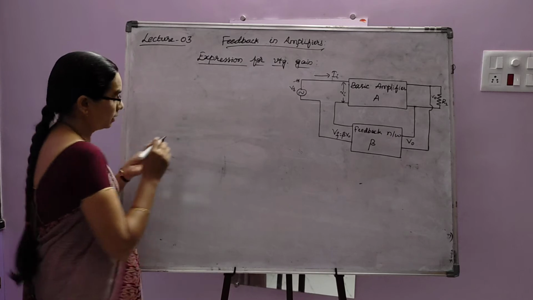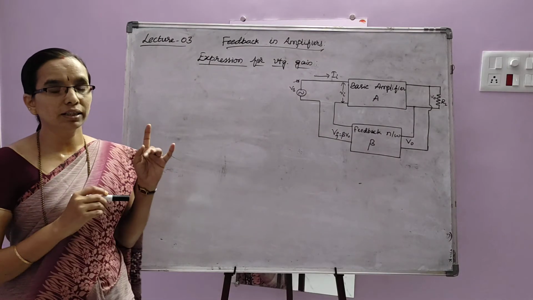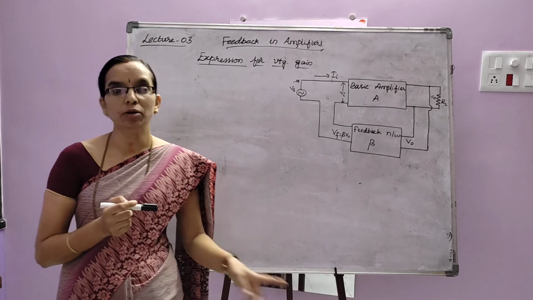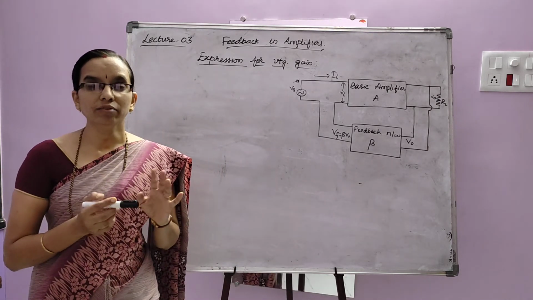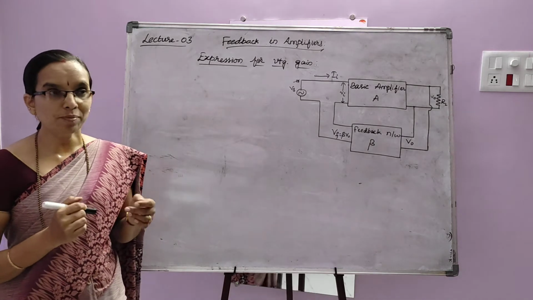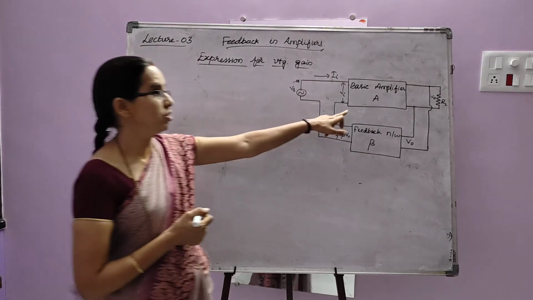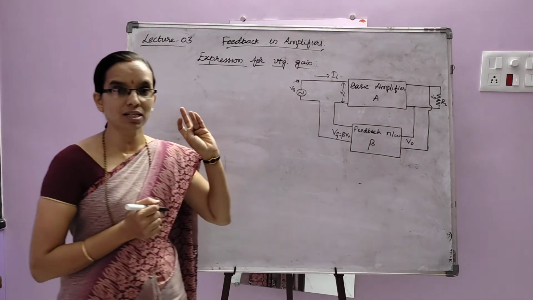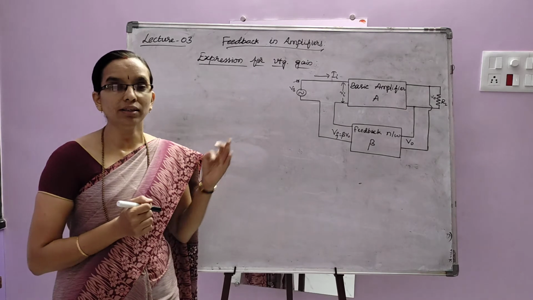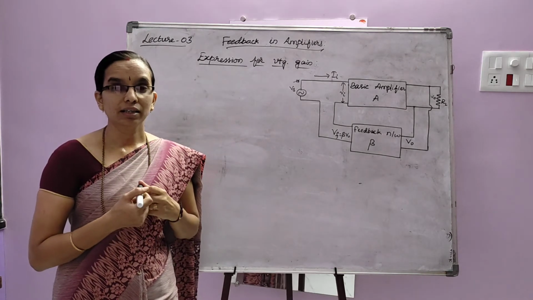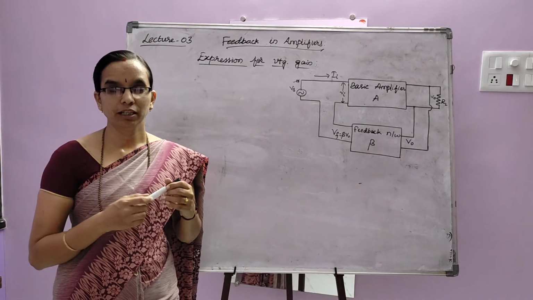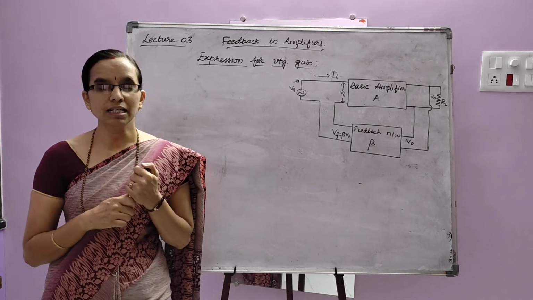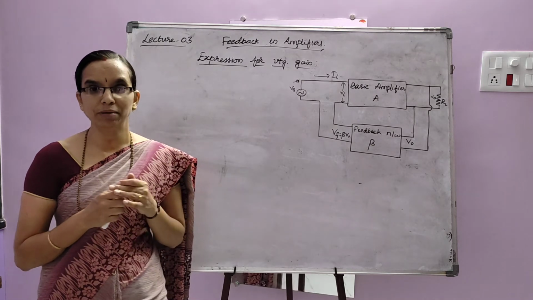See, I told you the gain with feedback will not be affected. It depends on beta, so it will not be affected by the device parameters. But what happens when the gain of the basic amplifier changes? If the gain of the basic amplifier changes, what is the effect on the gain of the feedback amplifier? That means, whenever the gain of the basic amplifier changes, there must be a change in the feedback amplifier.